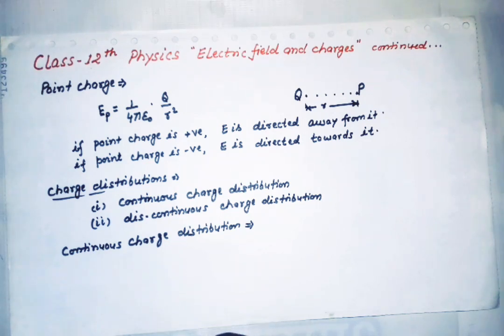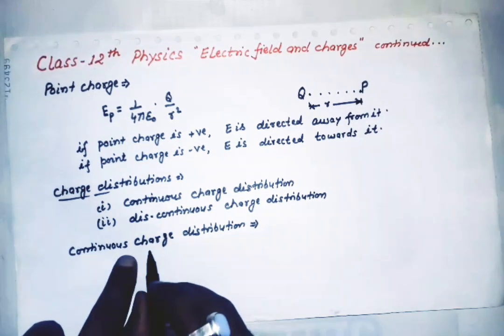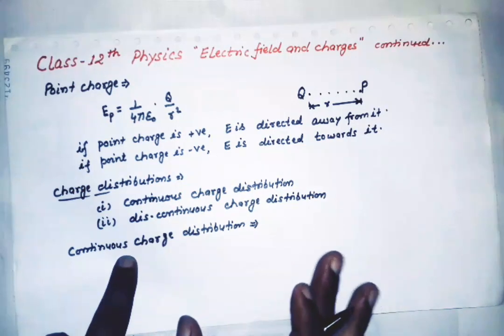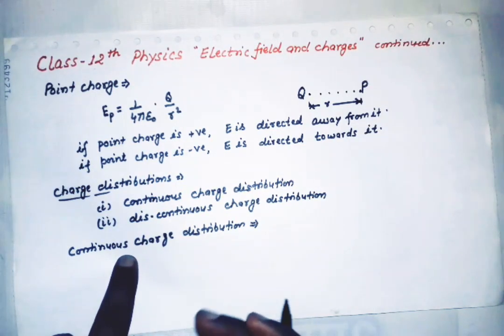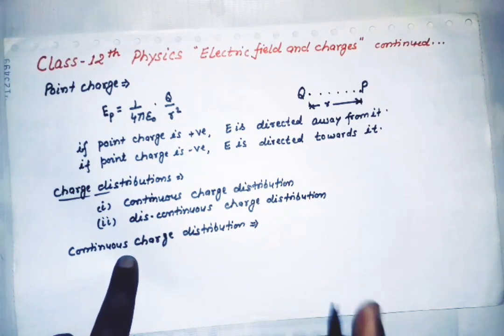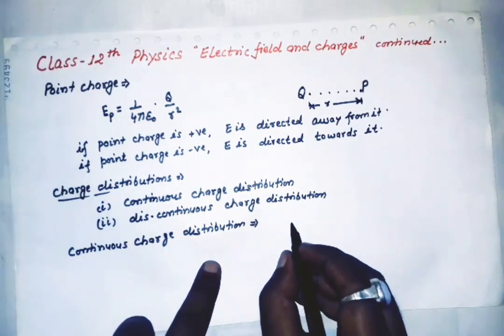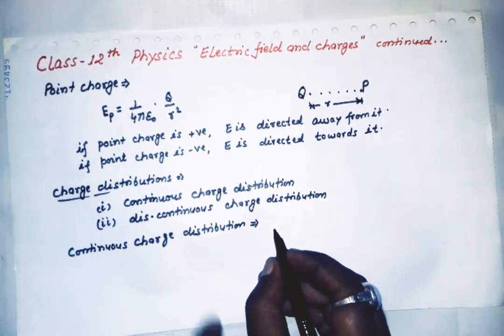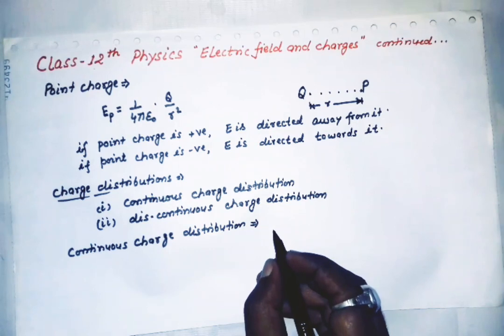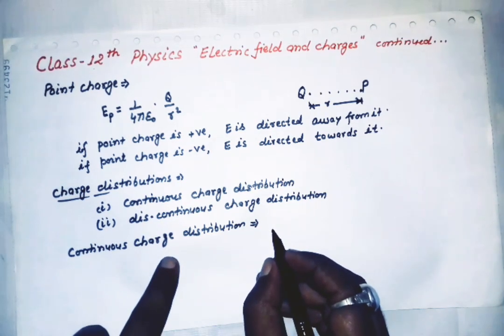So three different charge densities we can define on the basis of length, area, or volume. On the basis of these, there are three kinds of charge densities defined.